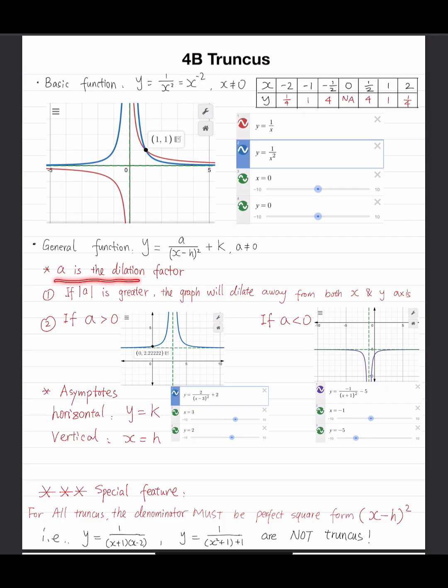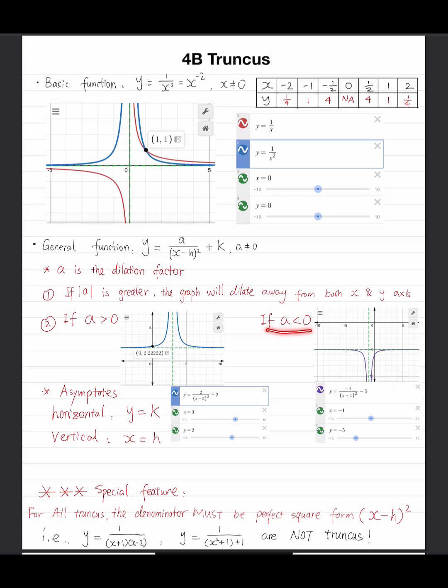Again, a is the dilation factor, which is the same as the hyperbola in 4a. Let's quickly go through what a is. If the absolute value of a is greater, then the graph will be dilated away from both the x and y axes. If a is greater than 0, you will have what we call the positive truncus, located in the top left and top right regions with respect to the two asymptotes.